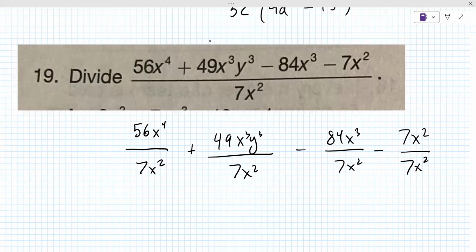Now, the numbers always divide, like 56 divided by 7 is 8. And then x to the 4th over x squared is x squared.